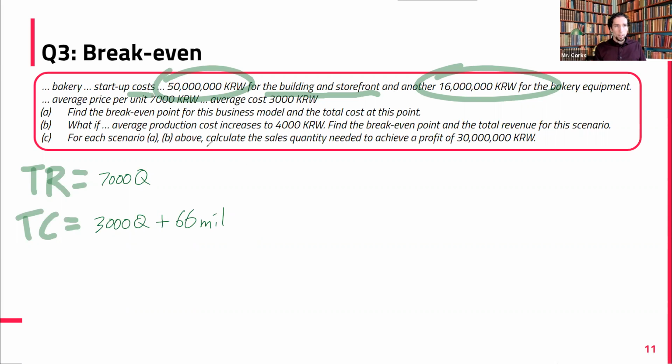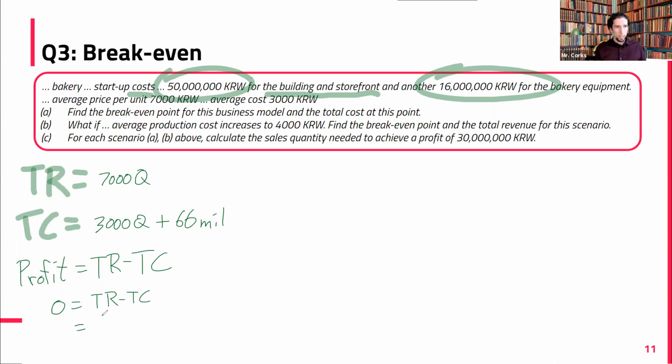Okay, and then how do we find a break-even point based on this? Profit equals 0. Okay, so our profit is total revenue minus total costs. Right, TR minus TC, we set that equal to 0. So when 0 equals TR minus TC, in that particular case, then we will have, I think I have enough space down here.